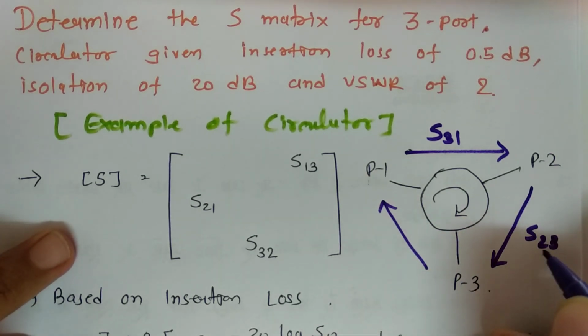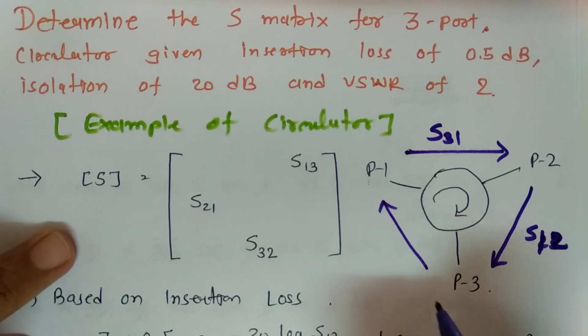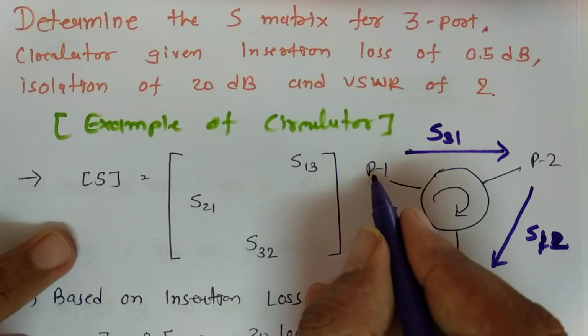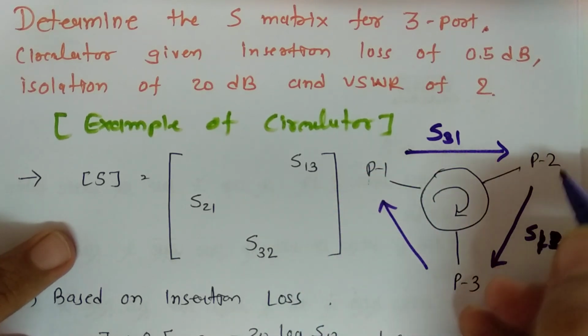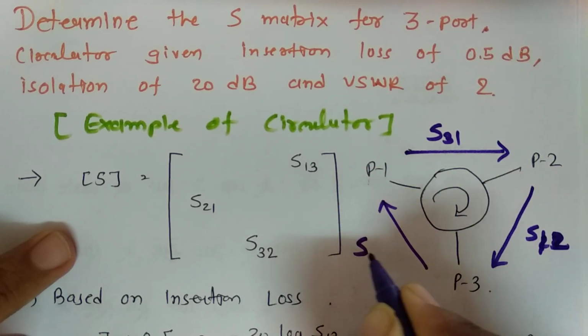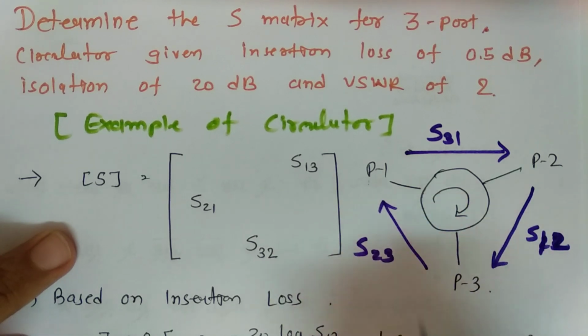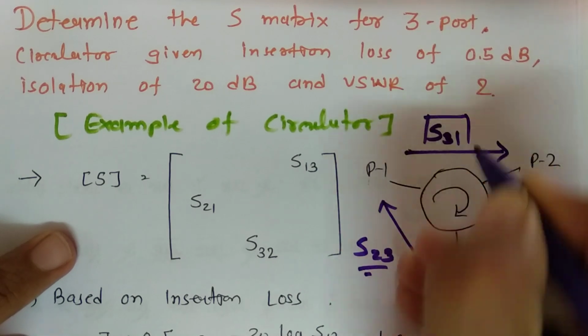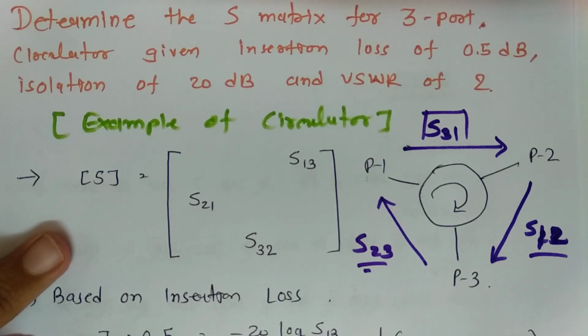So here I have written it wrong. Actually it should be port 2, port 1 should be isolated, so it should be 1, 2 over here. Input at port 3, output at port 1, port 2 should be isolated, means S23 should be isolated. So these are the isolated scattering parameters.